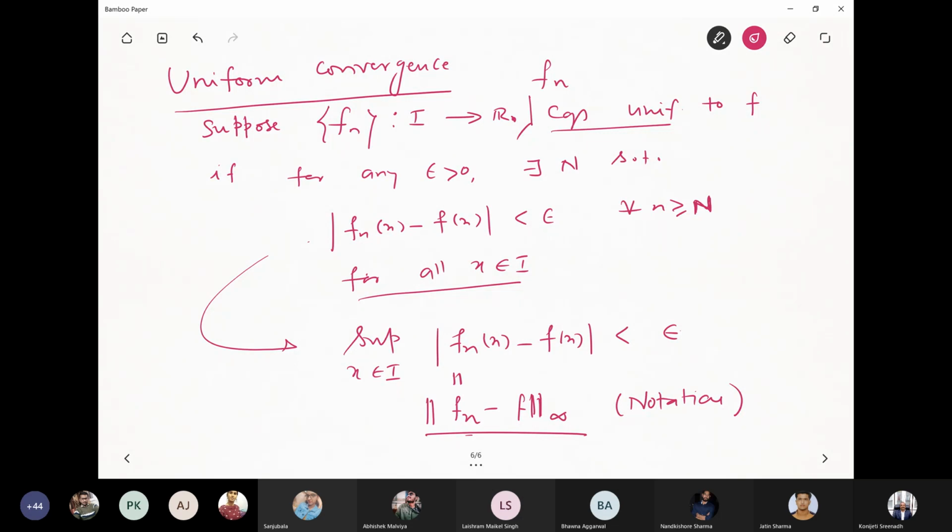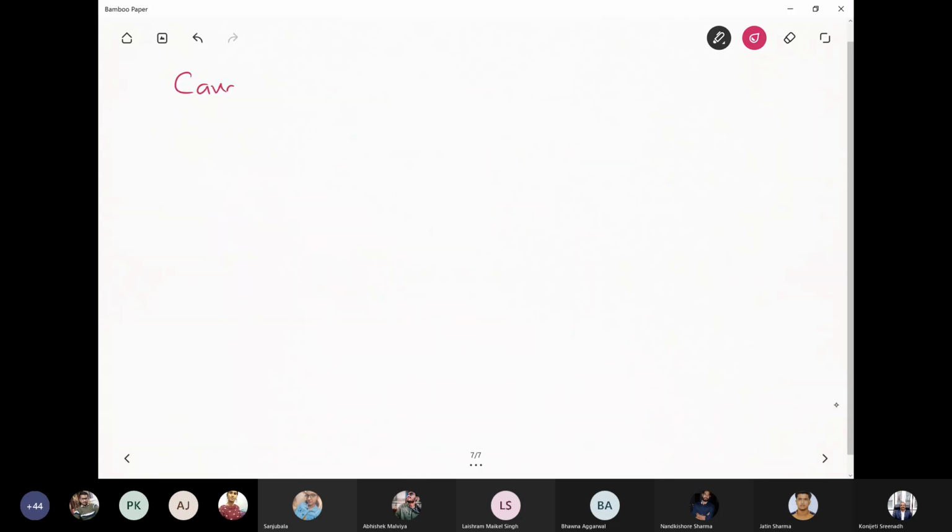For uniform convergence you have an equivalent criterion, the Cauchy criterion.